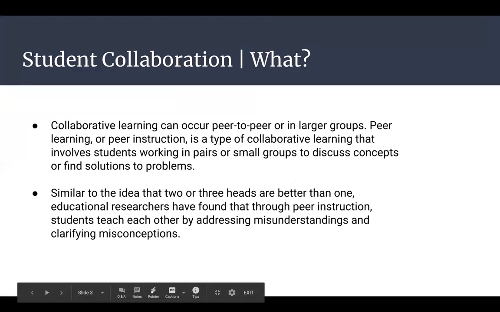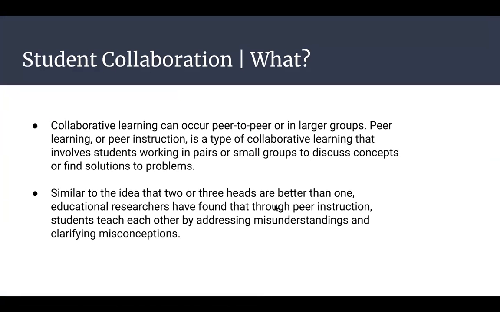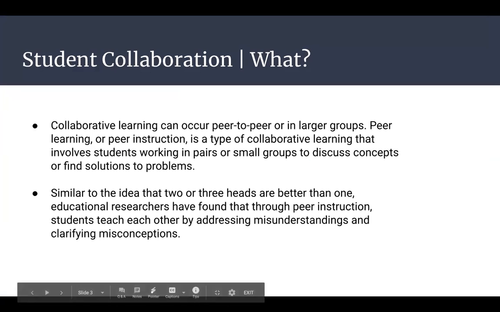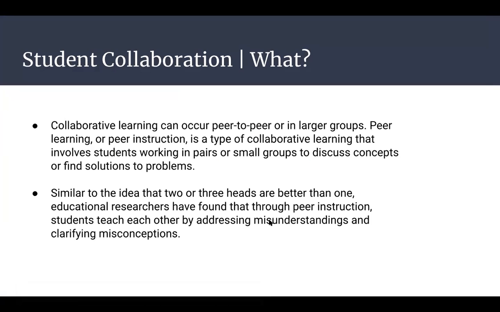So coming to the what and why: what student collaboration is actually about, and how collaborative learning can be done. It is basically peer-to-peer learning instead of a single direction from teachers to students. Students are divided into multiple groups, and the assignments are done together.